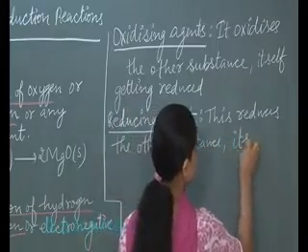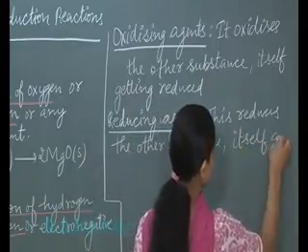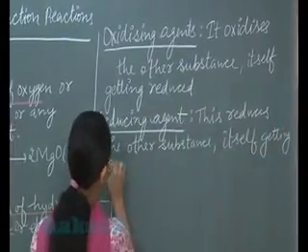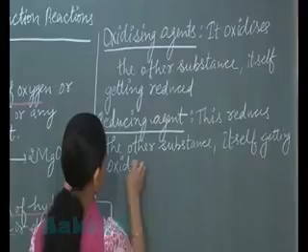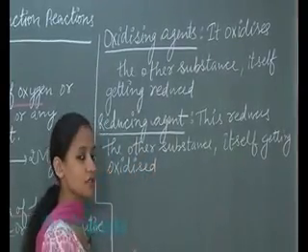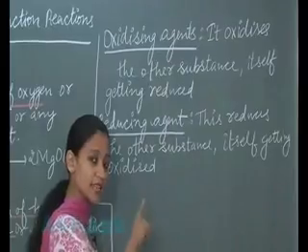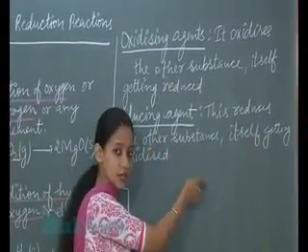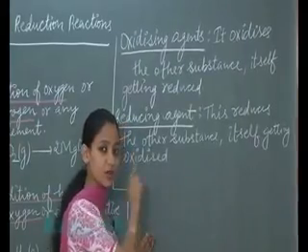Itself getting oxidized. So students, what is an oxidizing agent? It oxidizes the other substance, itself getting reduced, whereas reducing agent reduces the other substance, itself getting oxidized.